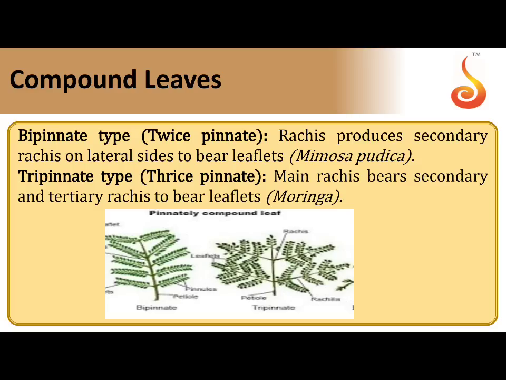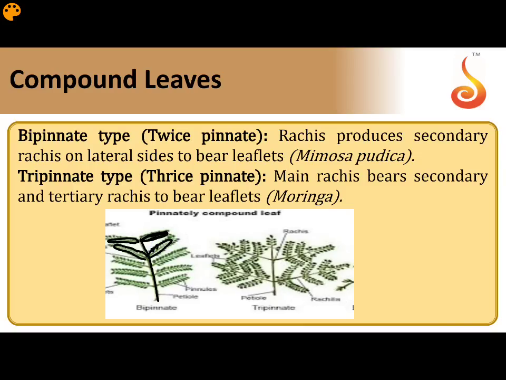Paripinnate or imparipinnate, in short, or in combined form, the first category was unipinnate type. Next comes bipinnate. Now look here, we have the main stem, on which the next set of leaflets is supposed to be like this, 1 leaflet, 2 leaflet. But what has happened?